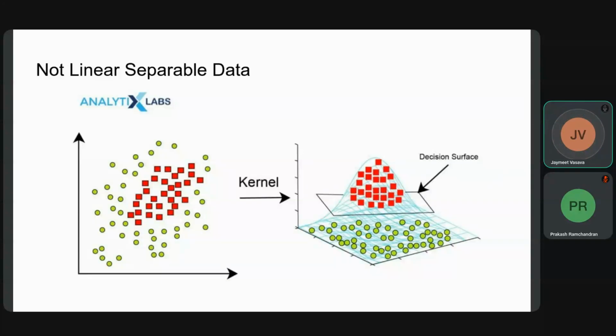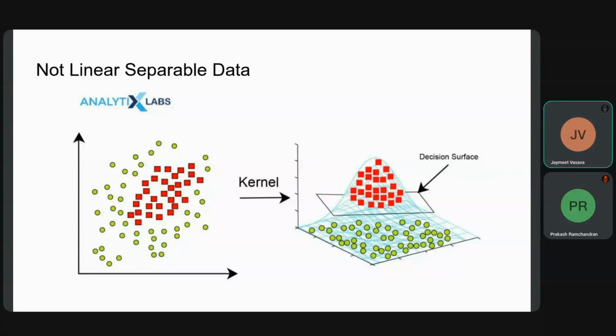Now, what kernels are used for is to transform these data points which appear on the graph on the left into a higher dimensional space, in such a way that we are able to create a hyperplane which separates those data points after the transformation.